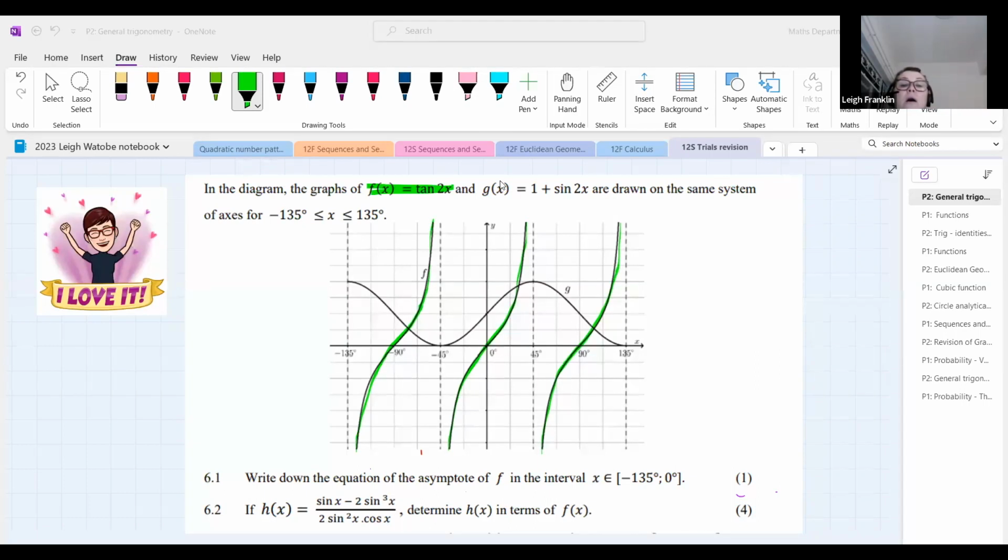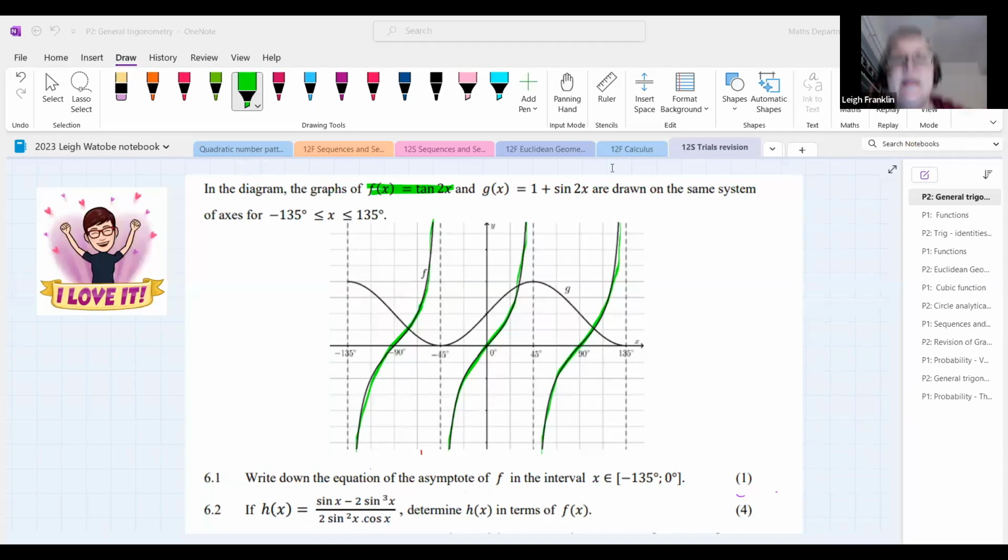Good, Jude. Lucidi is saying the period is divided by 2. Frequency, I understand what you mean by that, Jamie. Jude, what you said was the most correct out of everybody. They changed the period of the graph.